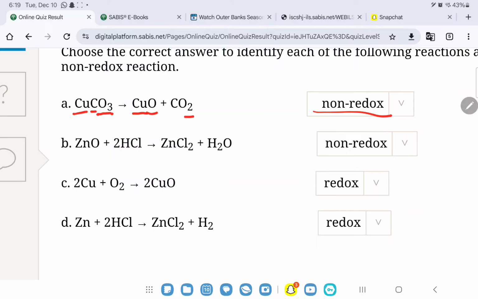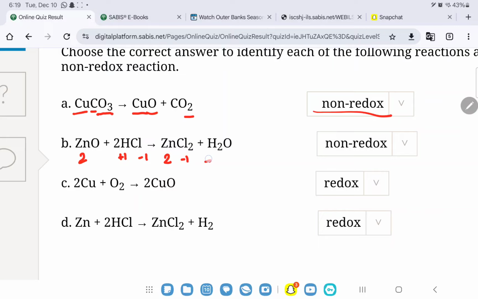Here we can use our oxidation numbers. So O is negative 2, making the total equal to 0, so Zn would be 2 here. In here, Zn's oxidation number is 2. Let's find it here. Cl is negative 1 multiplied by 2 is negative 2, equals 0, so X would also be equal to 2. Let's find H. H is positive 1 always, right? So positive 1, and Cl here we said is negative 1.